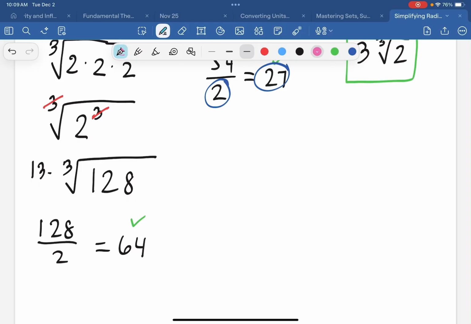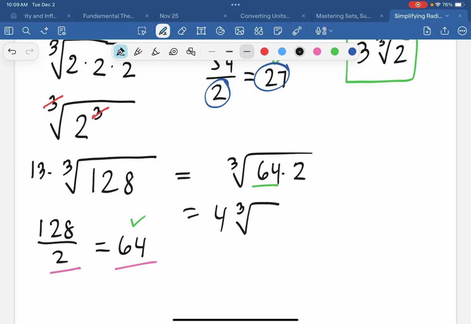So let's utilize 2 and 64. So we get to have cube root of 64 times 2. And the cube root of 64 is 4. That means the answer is 4 cube root of 2, coming from our example.